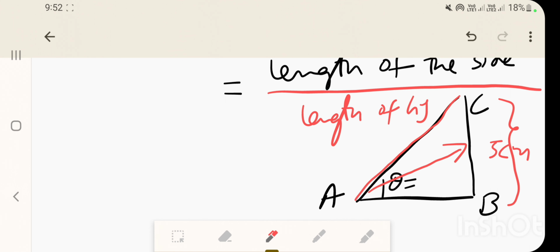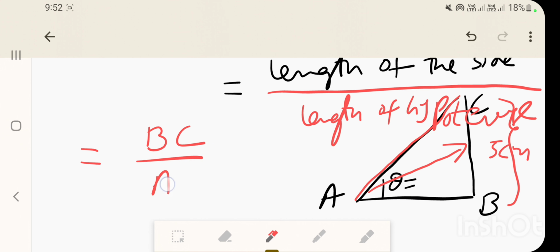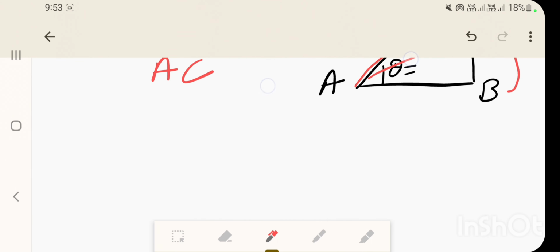AC is called the hypotenuse. So this we can write as an equation. The opposite side is BC and the hypotenuse is AC. This is defined as sine A, or sine theta also we can write.